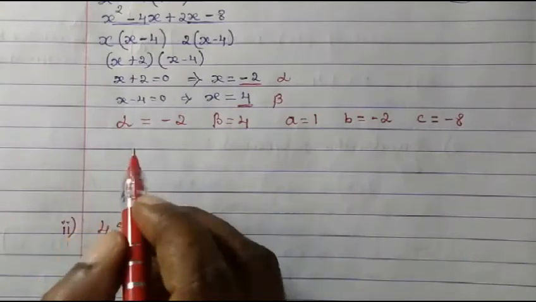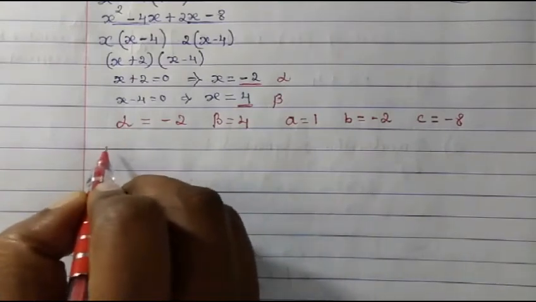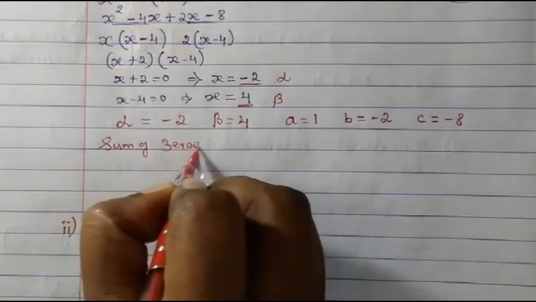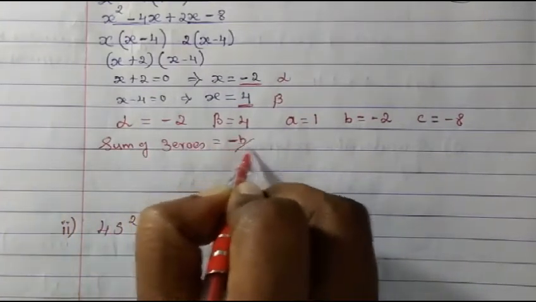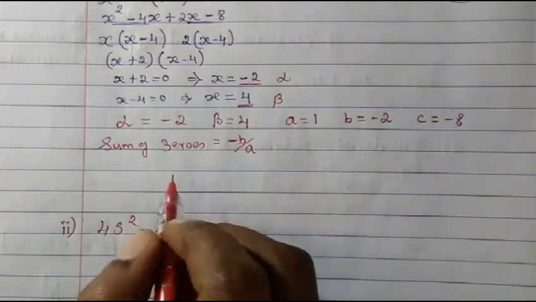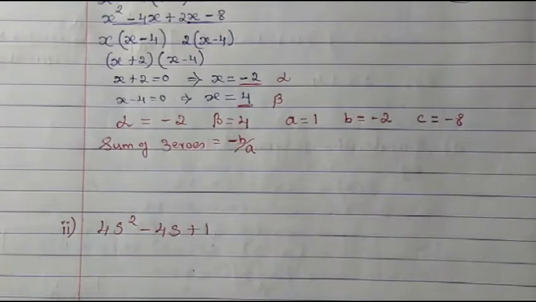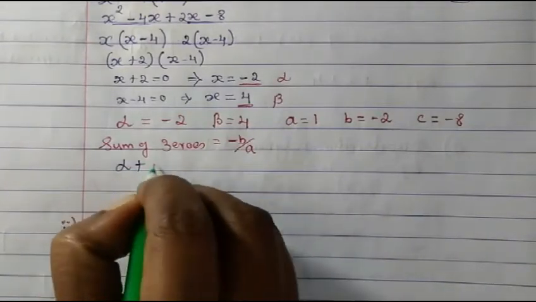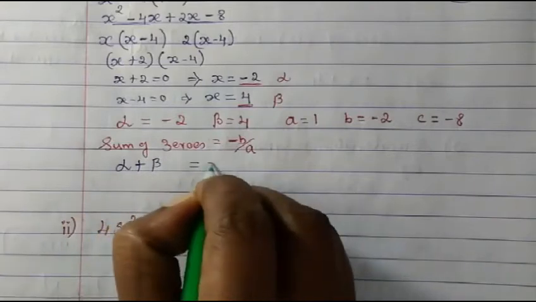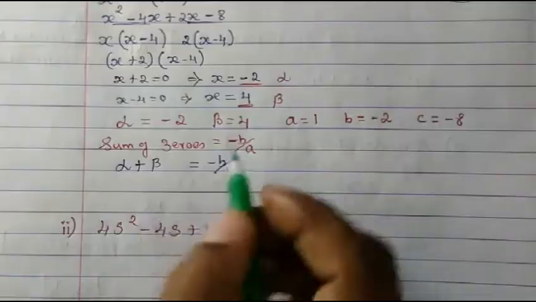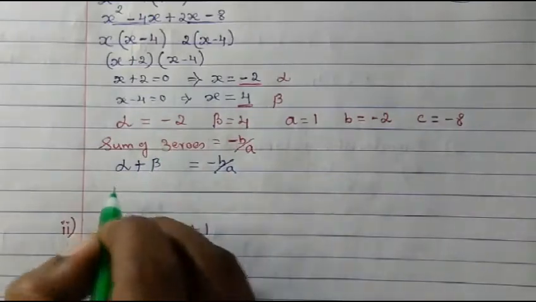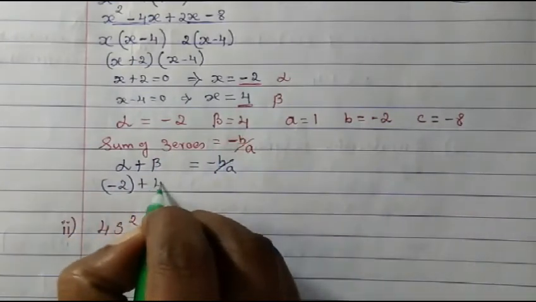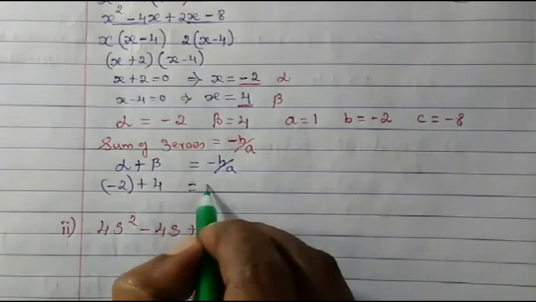So now proceed with the formula, that is the sum of zeros. You have learnt already the sum of zeros. Sum of zeros is equal to minus b upon a. In the introduction I have given you. So what is that? Sum of zeros means alpha plus beta is equal to minus b upon a. So alpha is what? Alpha is minus 2, plus beta is what? 4, equal to minus b.